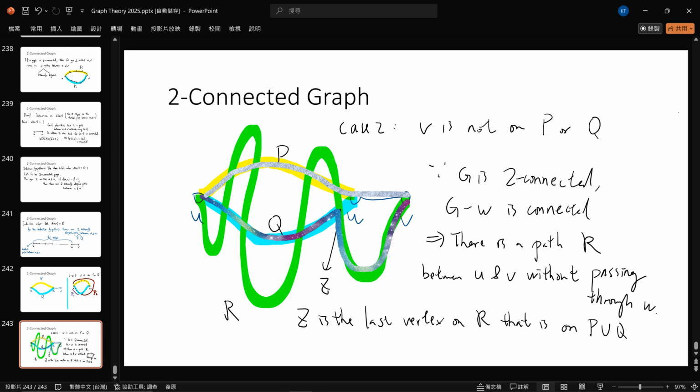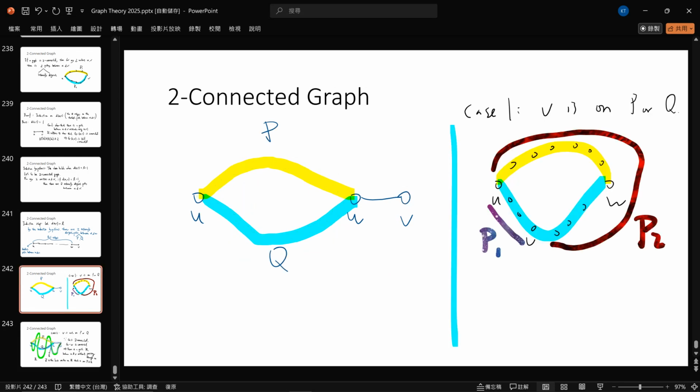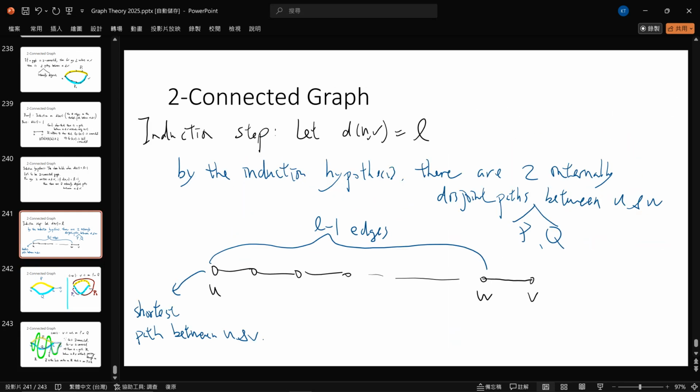So I think you can transform this proof into an algorithm. It's like dynamic programming, where you first consider close vertex pairs, because we use induction on the shortest distance d(U,V).